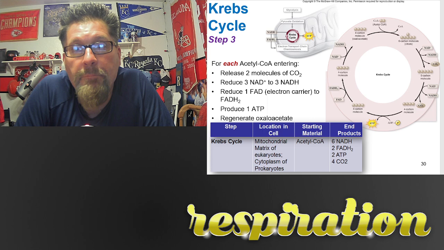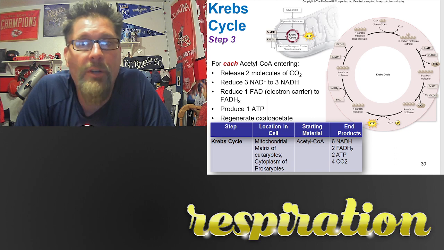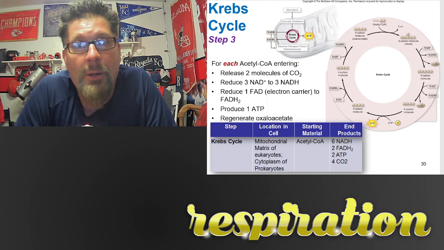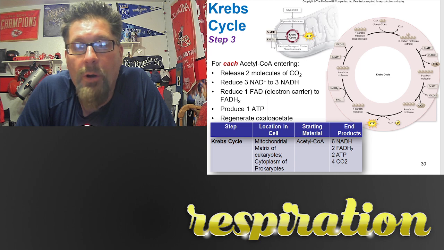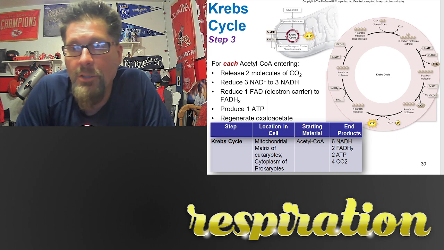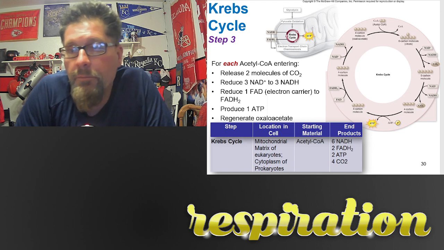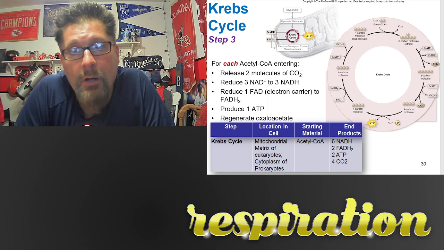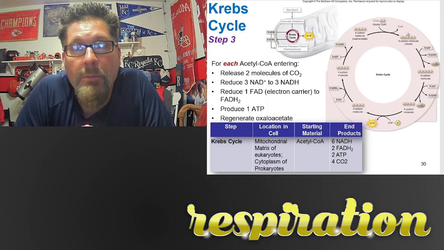The other one that could also be a 4 is if the question asks you how many ATP molecules are made during glycolysis. That number would also be 4. But for the most part, what you're asked is what's the net gain of glycolysis. So if it's a number different than 2, for the most part, you can think Krebs cycle.